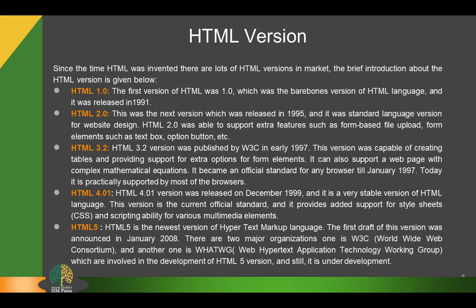Next, version 3.2 was published by the W3 Consortium in 1997. It was capable of creating tables and providing support for extra options for form elements.